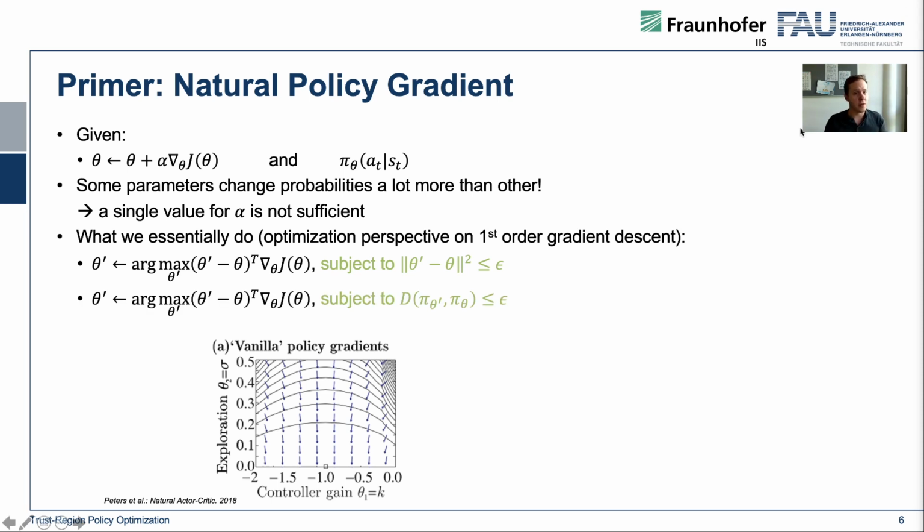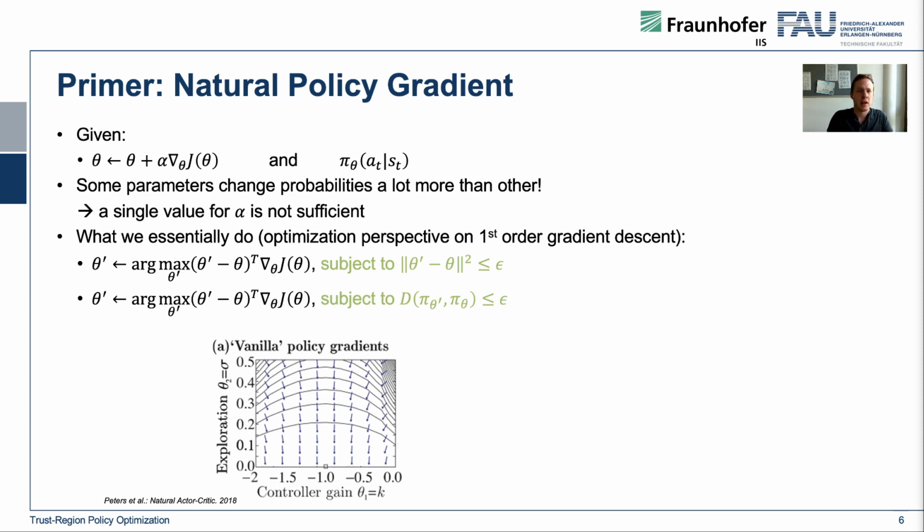If we want to reformulate it, we don't want to take step sizes in parameter space, but in policy space, meaning that we want to take updates within the current neighborhood of our point with respect to our policy, constrained to some distance between the old set of parameters and the new set of parameters. So we want to bound the distance between two policies being updated from one step to the other.